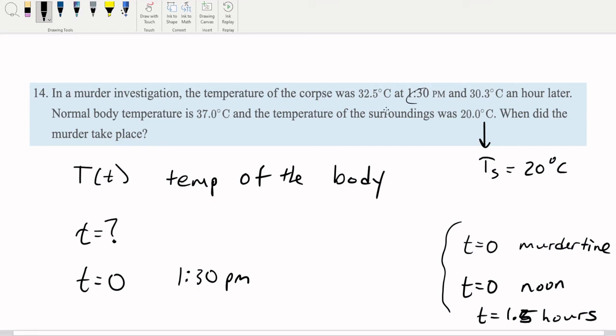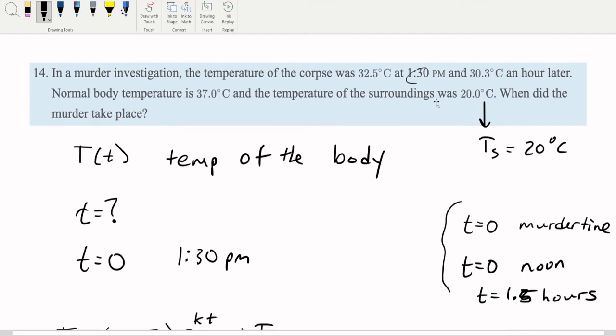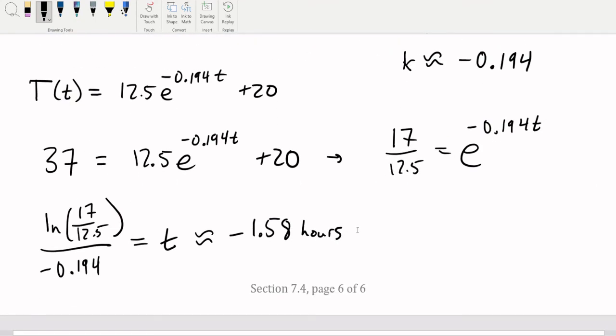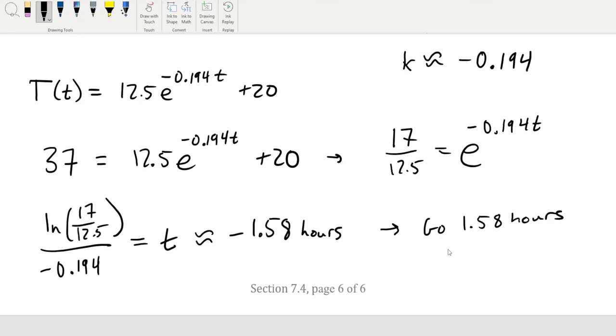So negative here is good because it's telling us to go back before 1:30 p.m. How much before? Well, a little over 1.5 hours earlier. So this is going to say, go 1.58 hours before our t equals 0, which was 1:30 p.m.